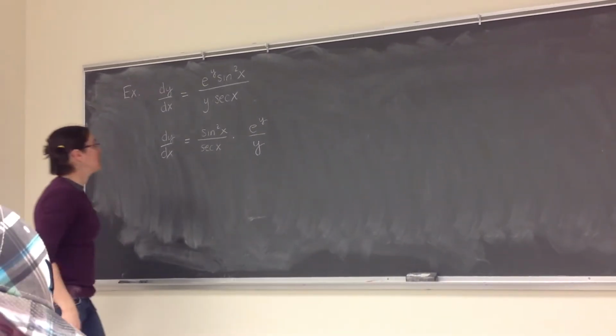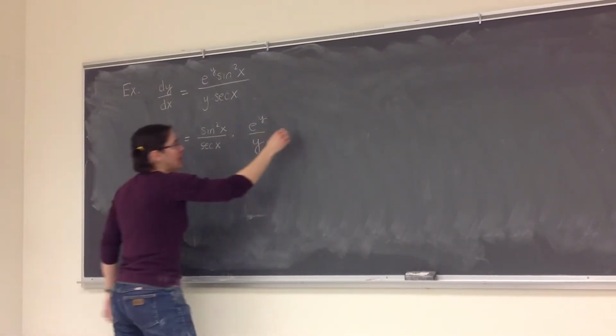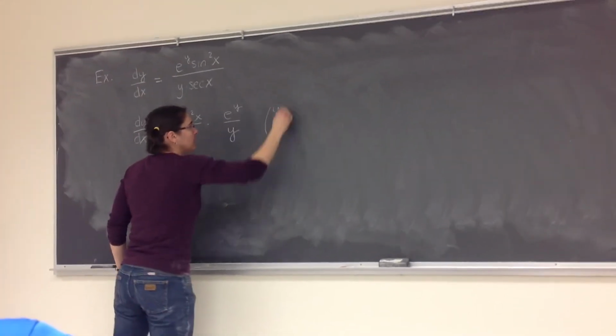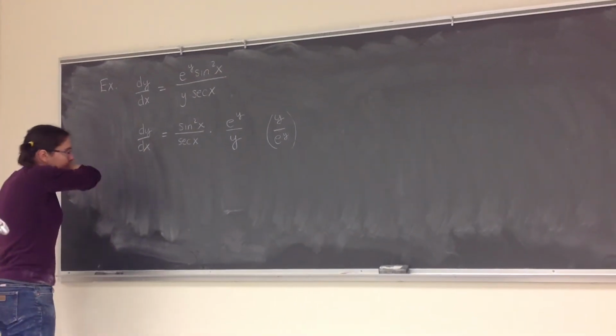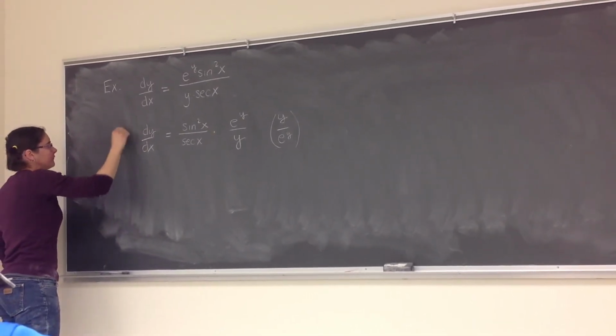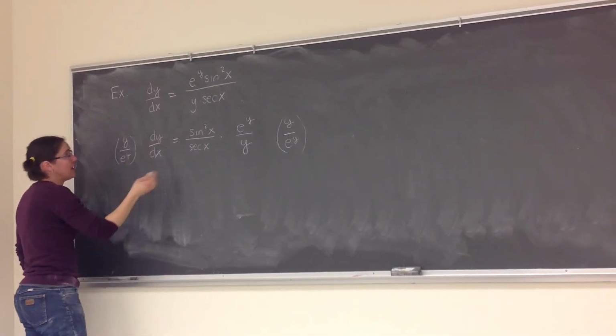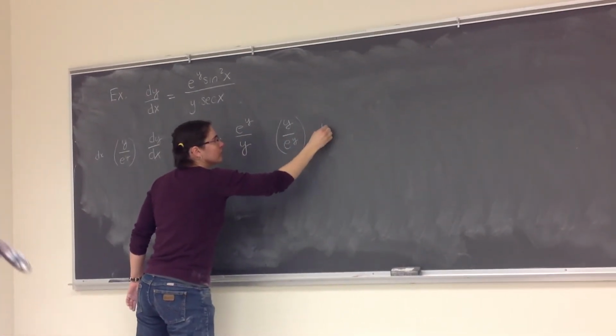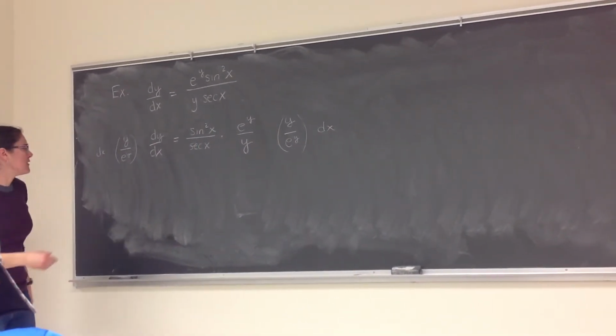So moving my y's to the left-hand side means that I'm going to multiply both sides by y over e to the y, and then I'm also going to multiply both sides by dx. So I can really just do all of that at the same time.